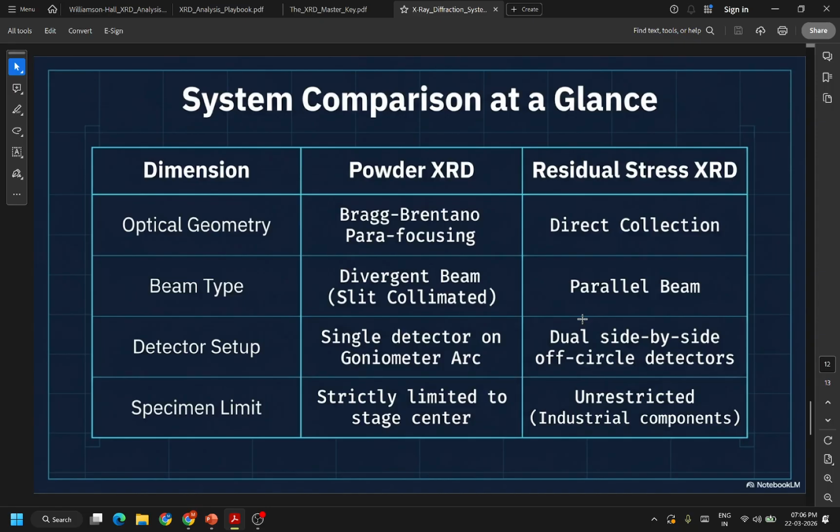Powder XRD has a single detector on the goniometer arc, and residual stress XRD has dual side by side detectors which are slightly off circle. Powder XRD is limited by the stage size, and in residual stress XRD the specimen is unrestricted because it is made particularly for industrial components.